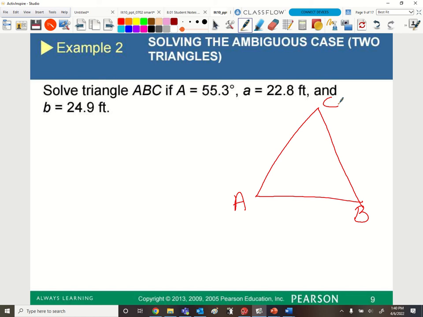Let's start plugging in my values. So big A is 55.3 degrees. Little a is 22.8 feet. And little b is 24.9 feet. Right?